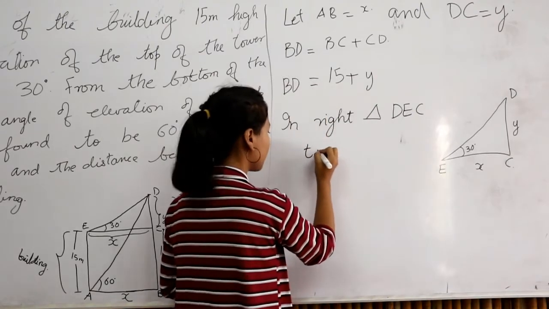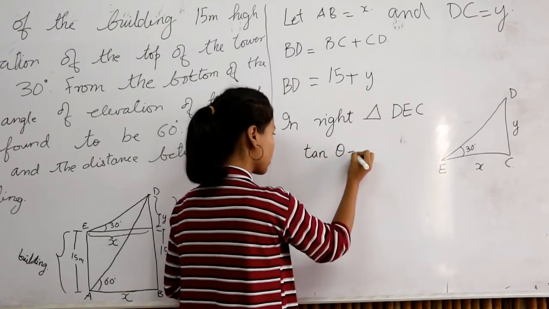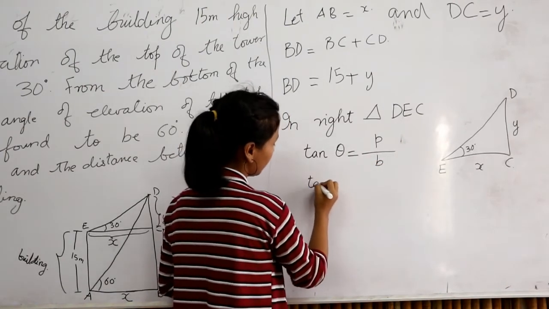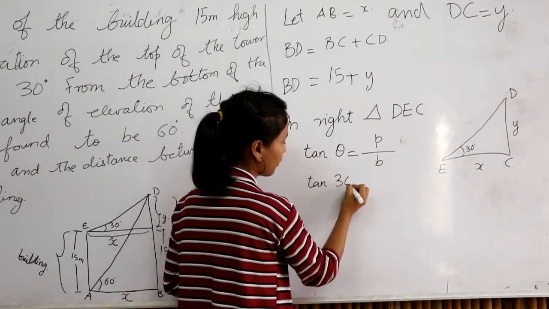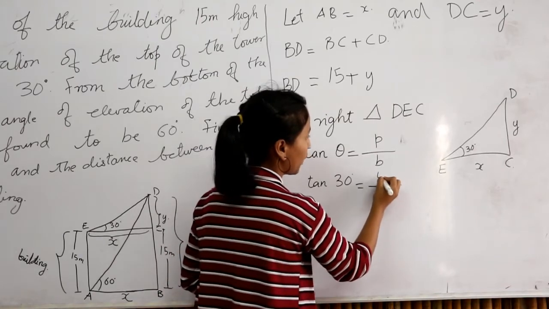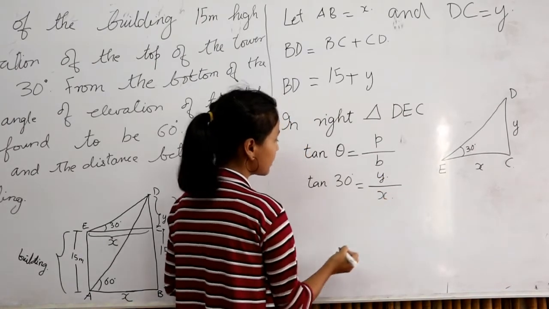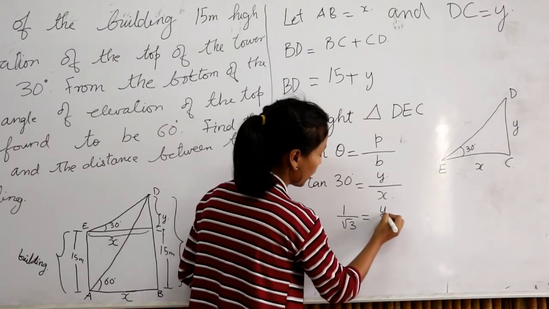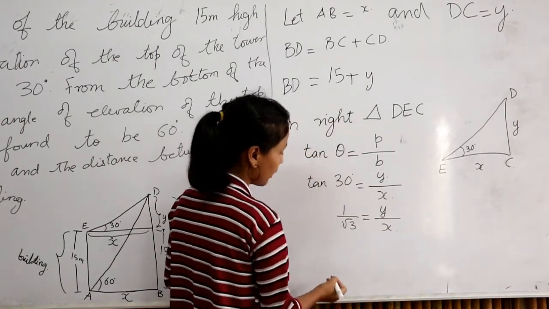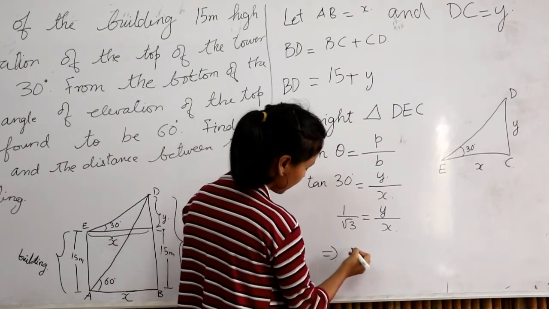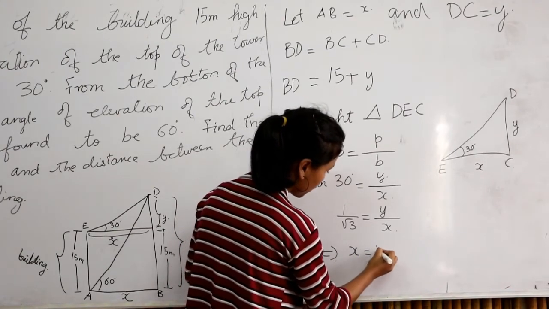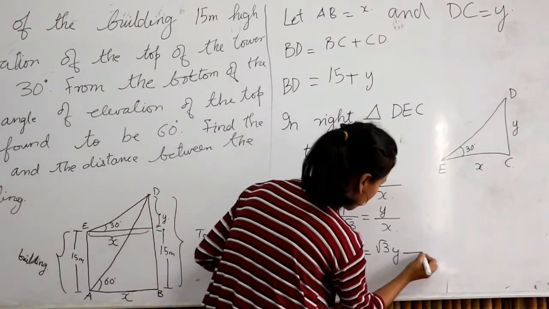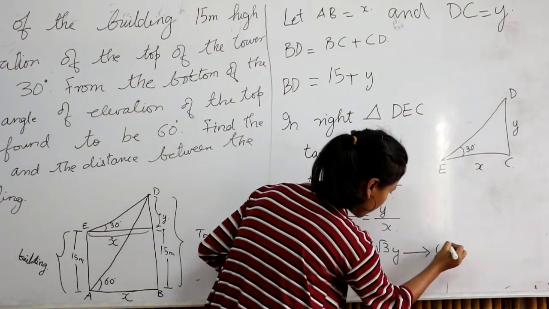So let us use tan theta here. Tan theta is equal to perpendicular by base. Then tan 30 degree is equal to Y by X. Tan 30 degree is 1 by root 3, equal to Y by X. In the next line you will get X is equal to root 3 Y. Let us mark this as equation number 1.